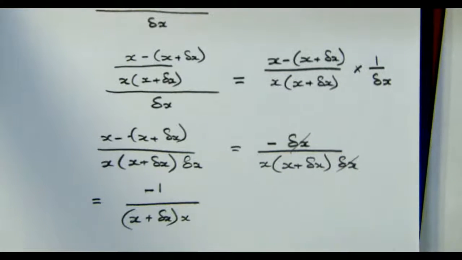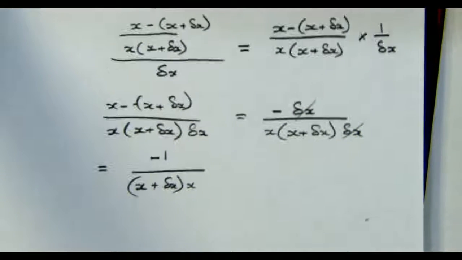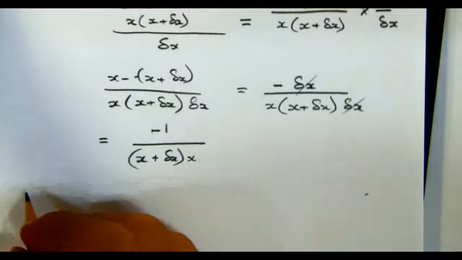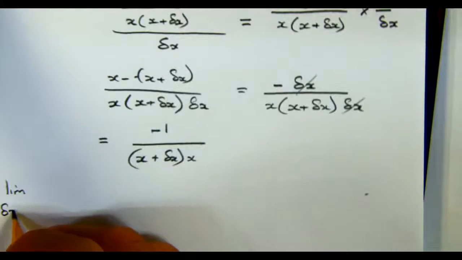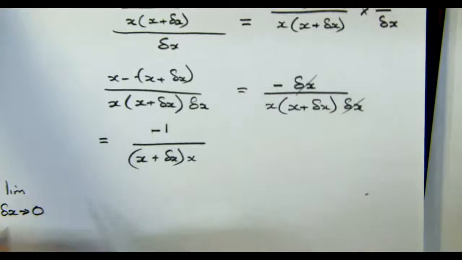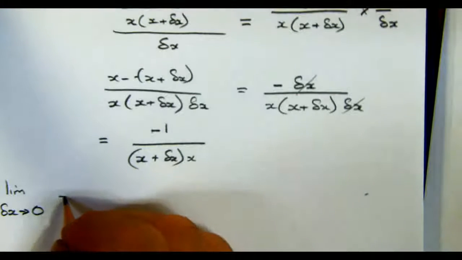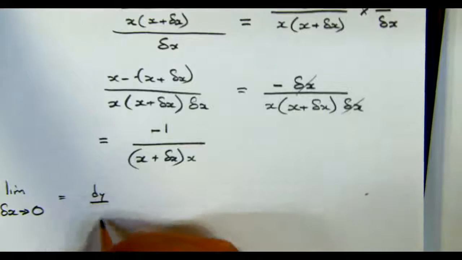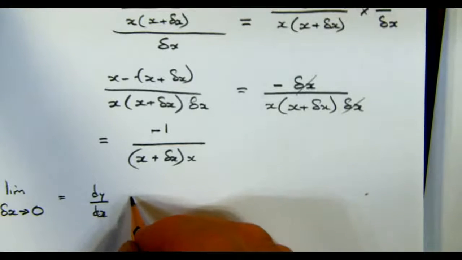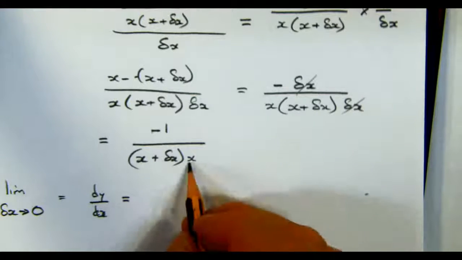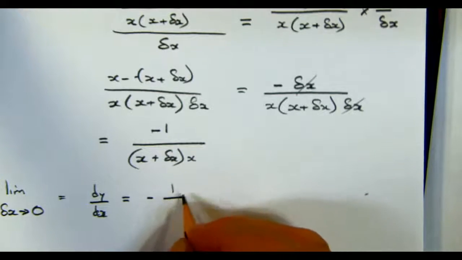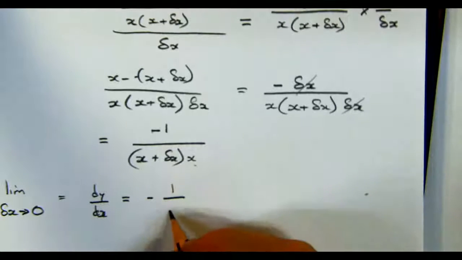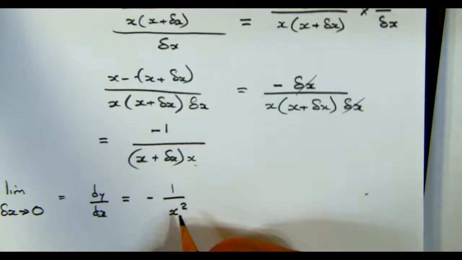So as the limit of delta x tending to 0, dy by dx becomes equal to minus 1 over x times x, x squared.